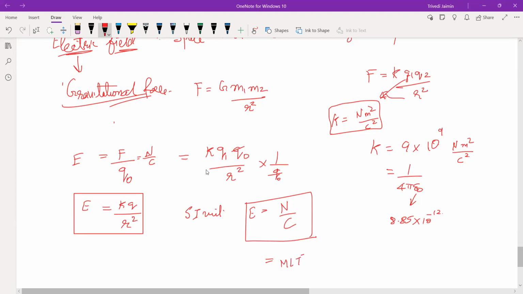MLT minus 2 by AT, so MLT minus 3, A minus 1. That's the dimension of electric field.